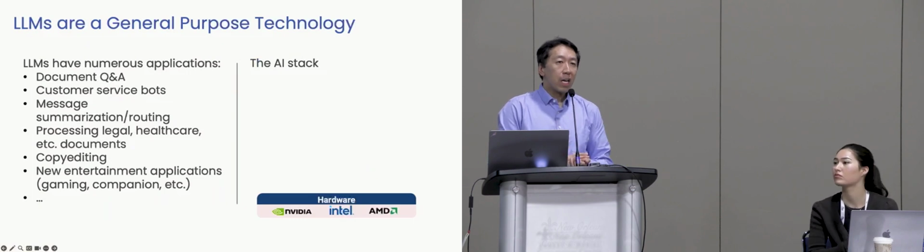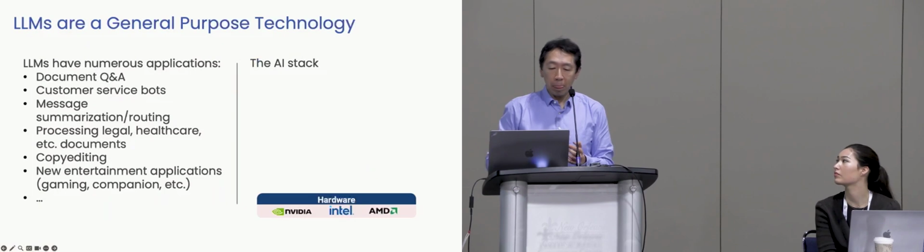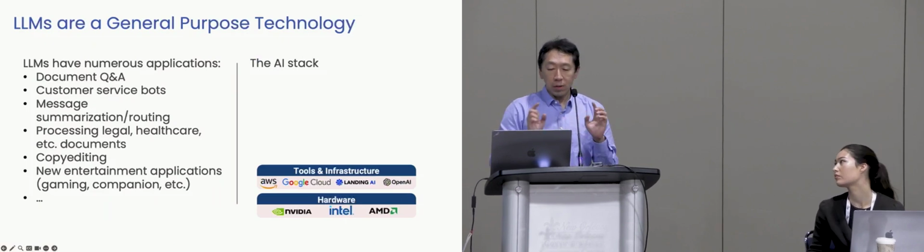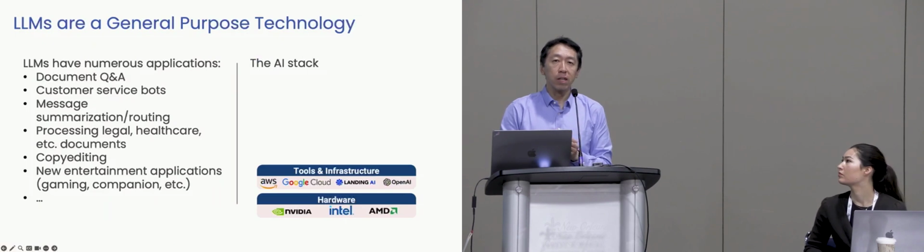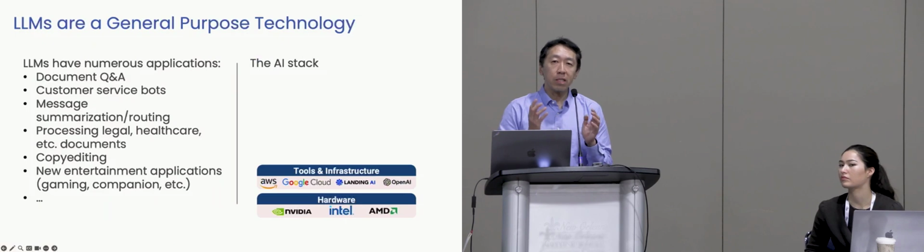This is what I think of as the AI stack. At the lowest level is maybe the hardware or semiconductor layer. Very capital intensive, very concentrated, but clearly some businesses are doing really well. And then with every wave of technology, what I've seen is that a lot of the attention is focused on the tools and infrastructure layer. So a lot of attention on what OpenAI is doing, what Google's doing, what AWS, Azure, and so on are doing. And this seems to happen with every technology layer, every time there's a new technological revolution.